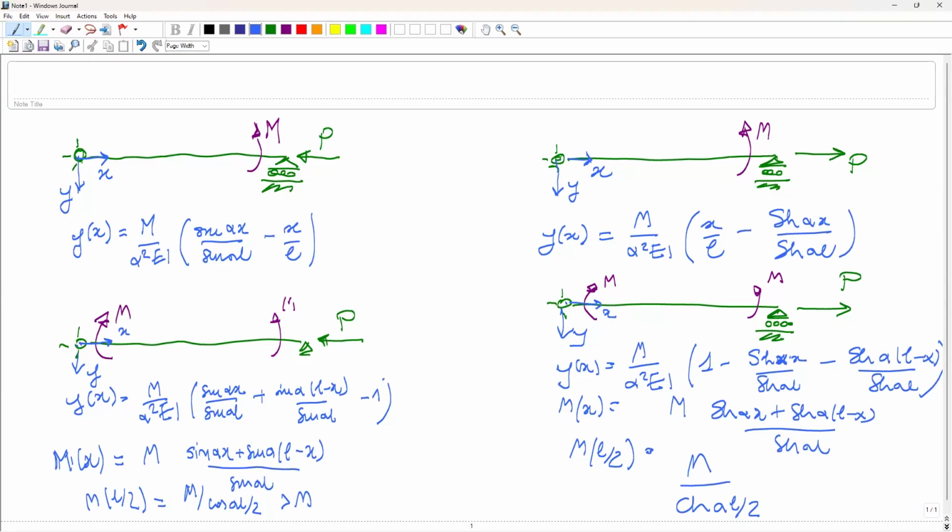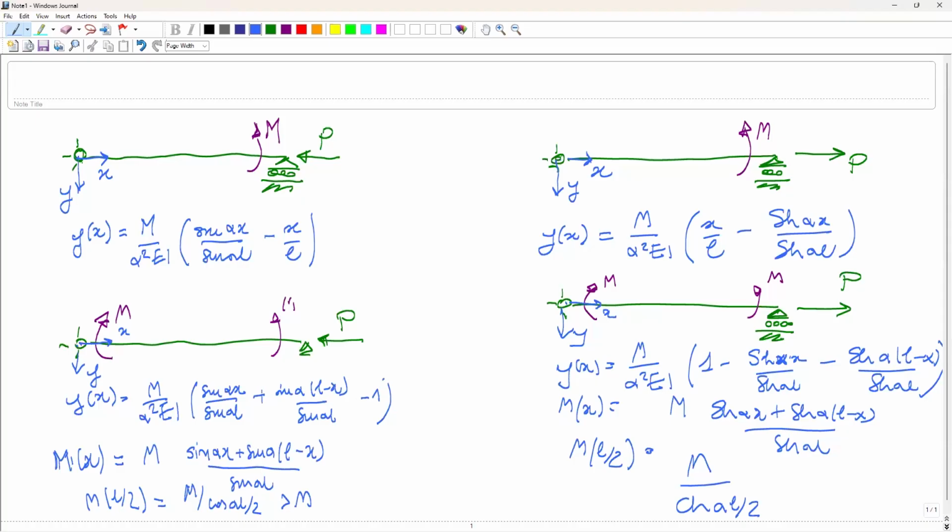But what is the difference between the two cases? In the left one, where we have a compressive axial force, you see the effect of the axial force is that we have a maximum bending moment at mid span, which is M divided by the cosinus of alpha L over 2.